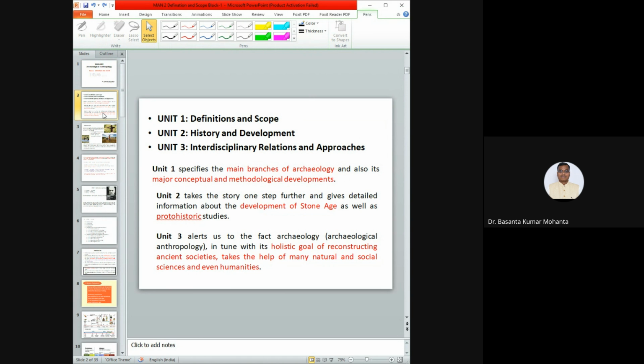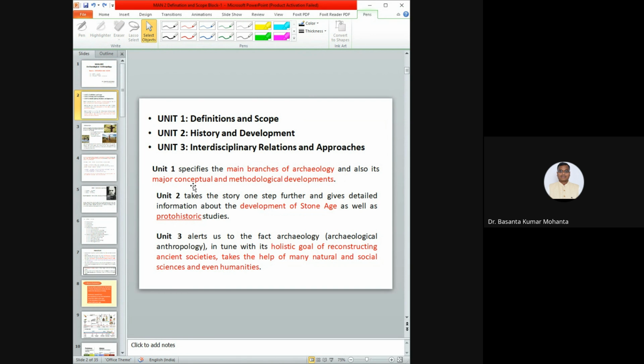So, in Unit 1, that is the definition and scope, it specifies the main branches of archaeology and also its major conceptual and methodological developments. Unit 2 takes the story one step further and gives detailed information about the development of Stone Age culture as well as the protohistoric culture.